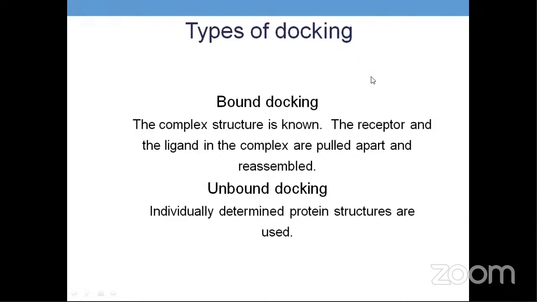This is a guess because we do not have any idea about the structure of the docked complex. In that case, this is a good guess. In most cases, I would say in 90% of the cases, we could predict the biological processes using this unbound docking method.